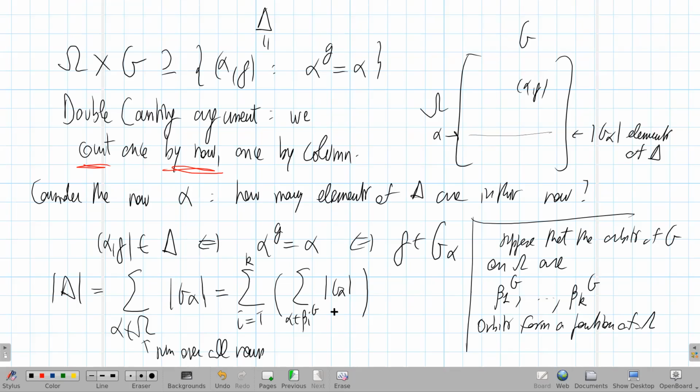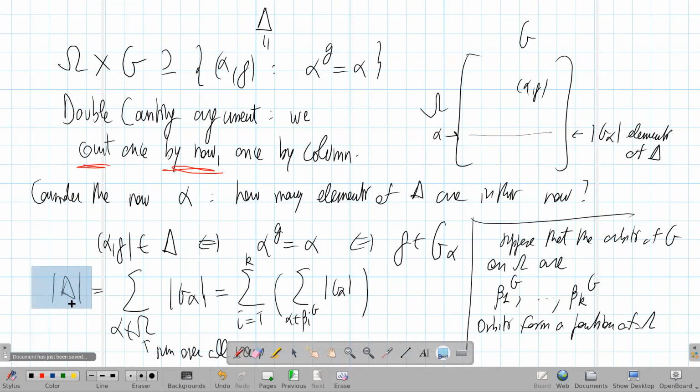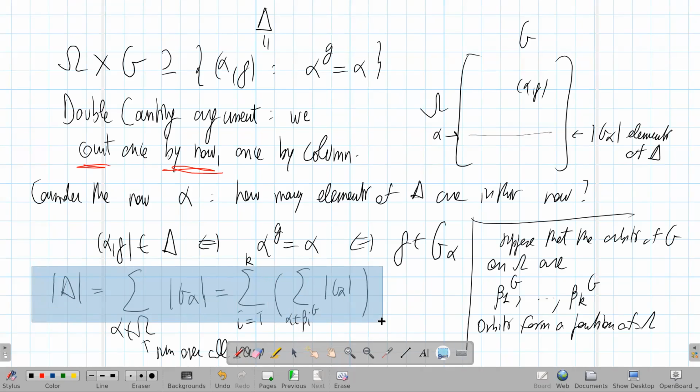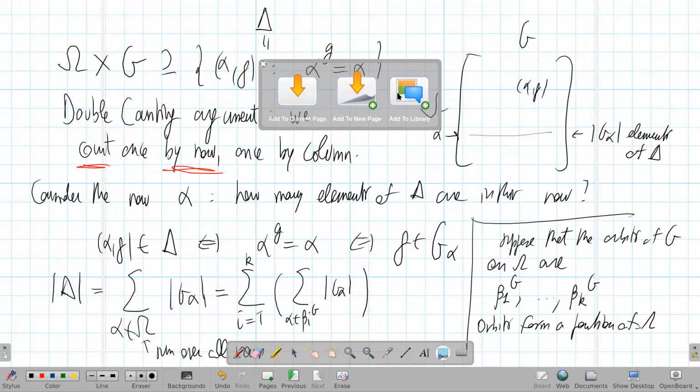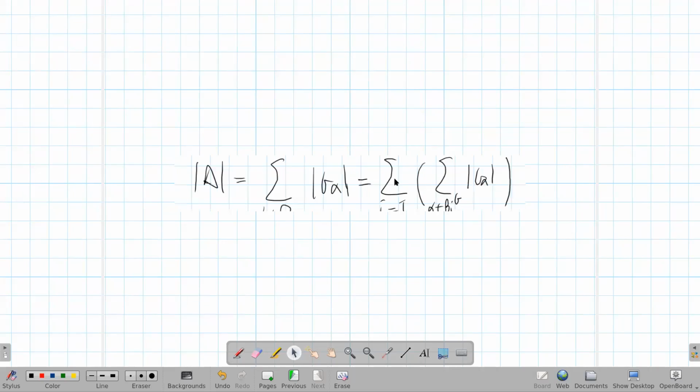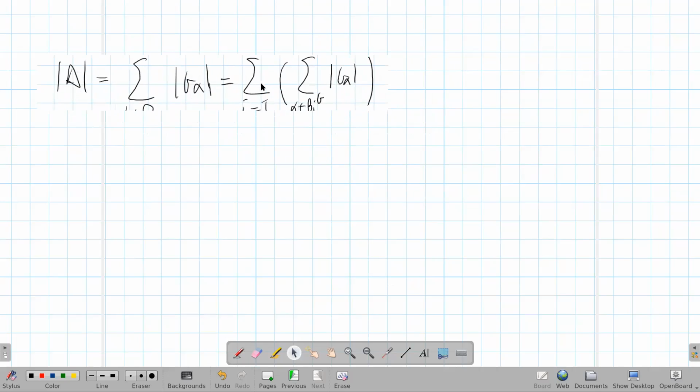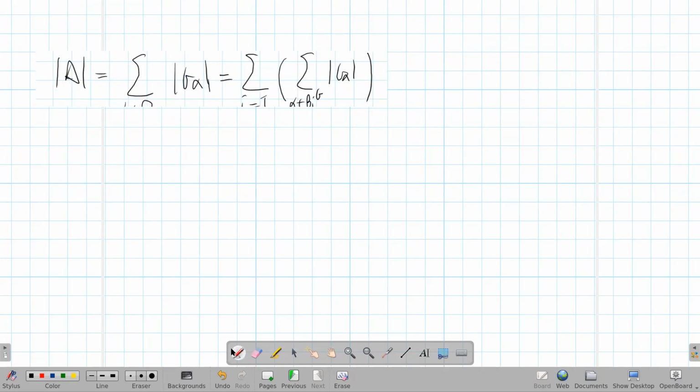Now it's better for me to copy this to the next page. Okay. I've lost something, but let me write it.